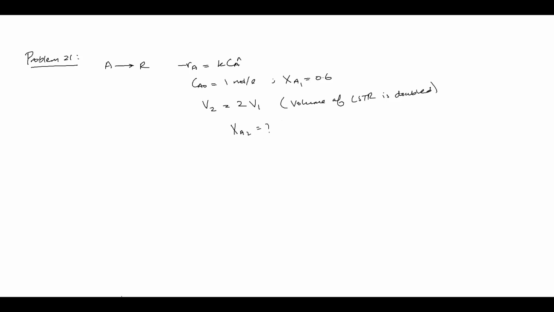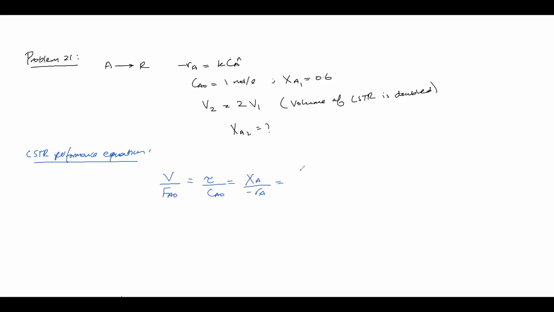Again, the starting point will be the performance equations for the CSTR. So you start with the CSTR performance equation. V over FA naught is equal to tau over CA naught, which is equal to XA over minus RA.